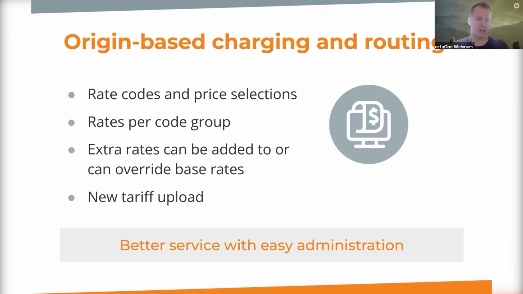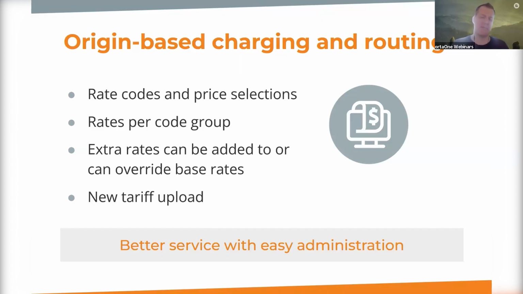And also, you can apply these origin-based charges and surcharges to the pricing for your customers, because these new tariffs can be vendor tariffs, but they can also be customer and reseller tariffs.